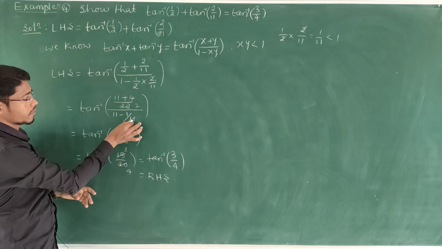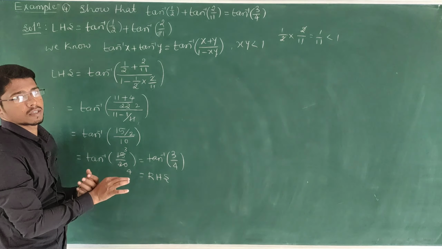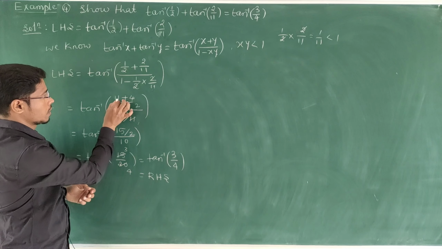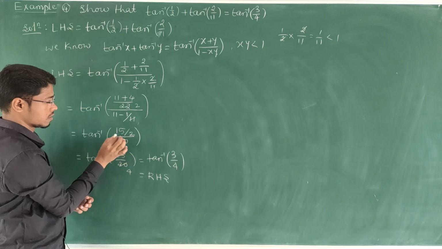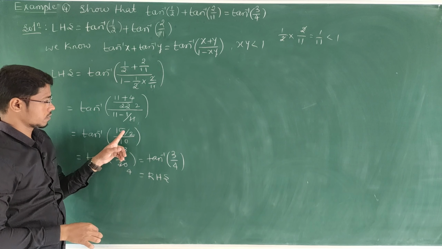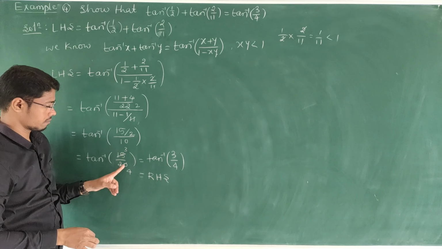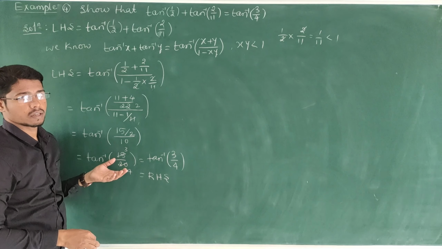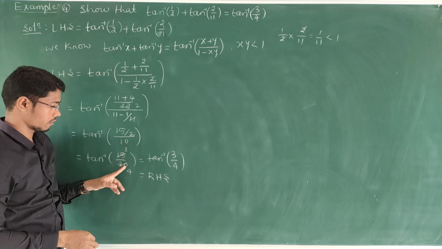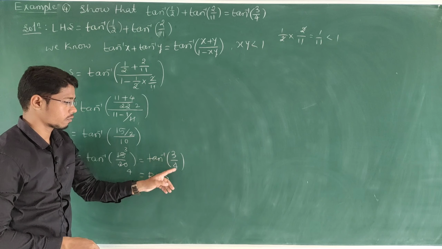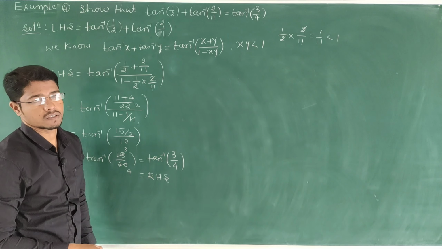Okay, only denominators I am cancelling. 11 into 4 is 15 divided by 2. 11 minus 1 is 10. Okay, so divided by 2, 10 into 2 is 20. 15 by 20. Okay, it will cancel by 5. 5 3s are 15, 5 4s are 20, 3 by 4 remains. This is our required result. So this is equal to the RHS.